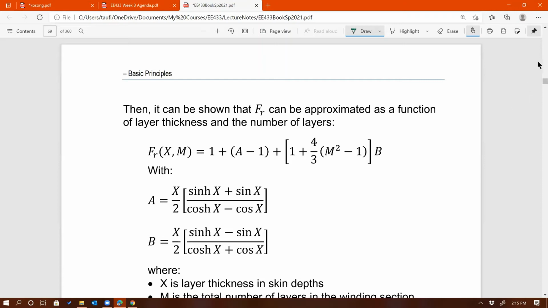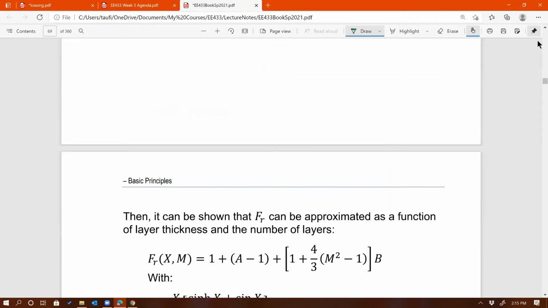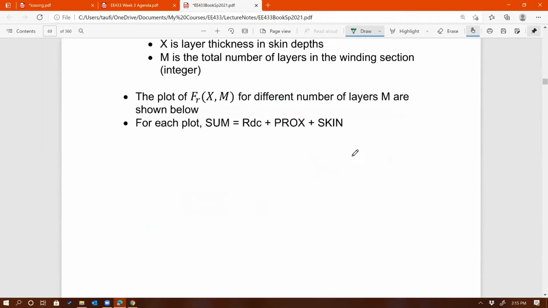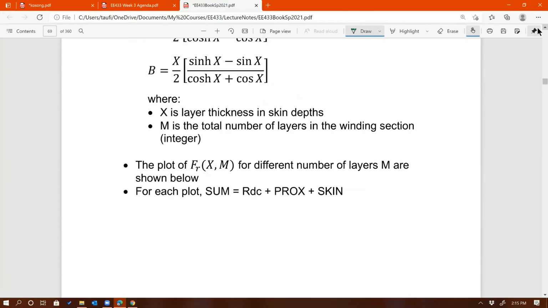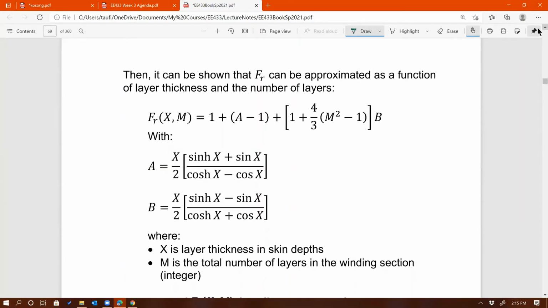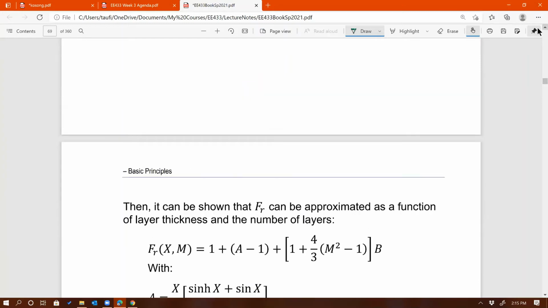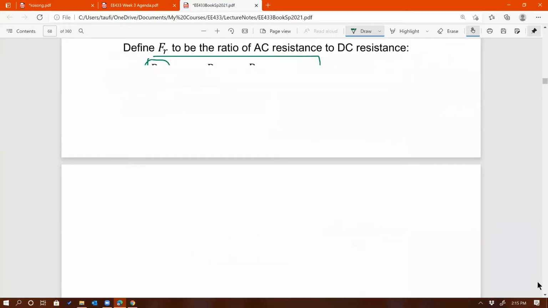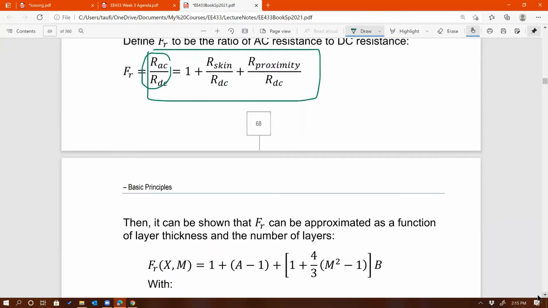You can also Google this. This equation is called Dowell's equation. So that's the person who found this approach, this method.